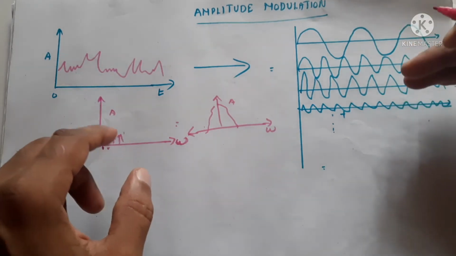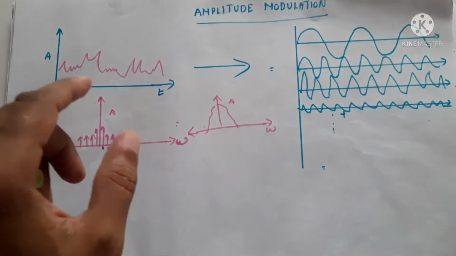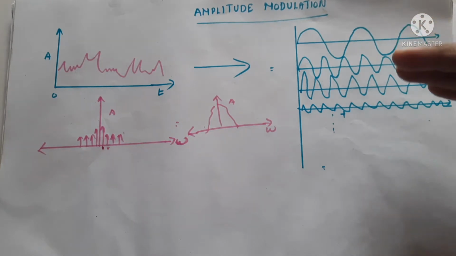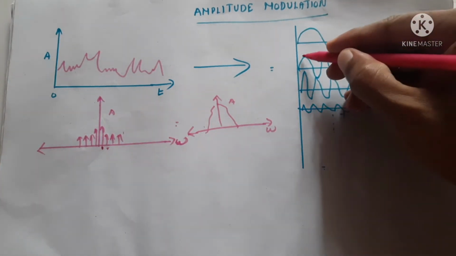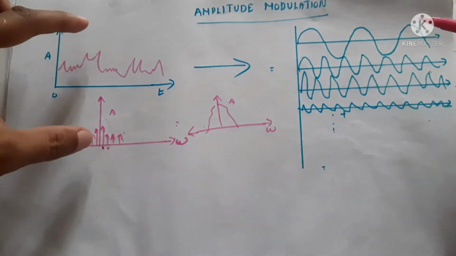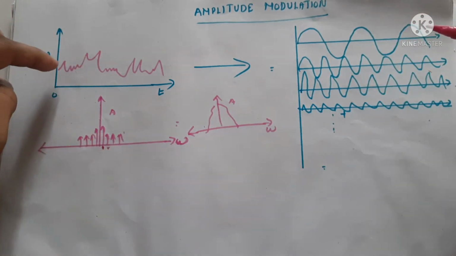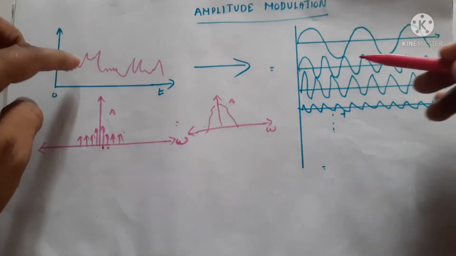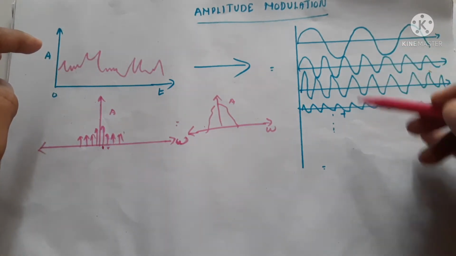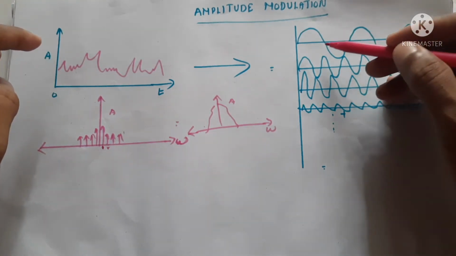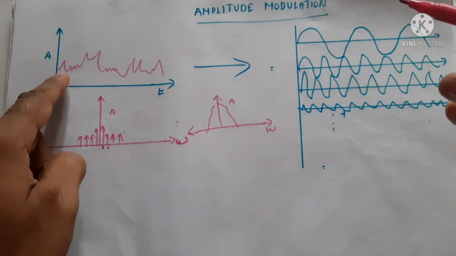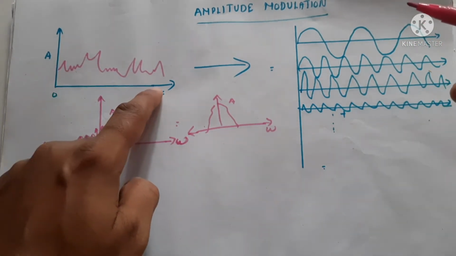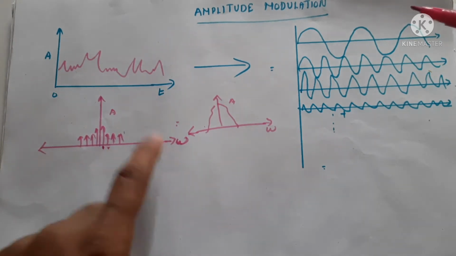We can reconstruct a signal by adding a number of sine waves with different amplitudes and different frequencies. This is called Fourier transform. That means we are transforming the time-based signal to the frequency-based signal.